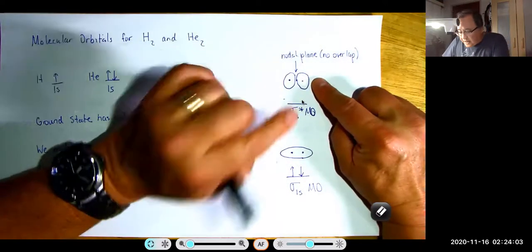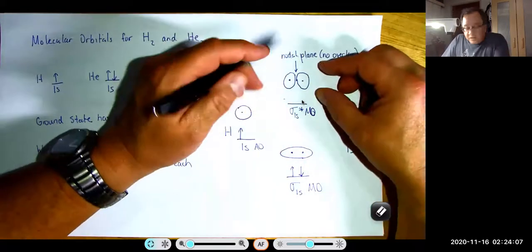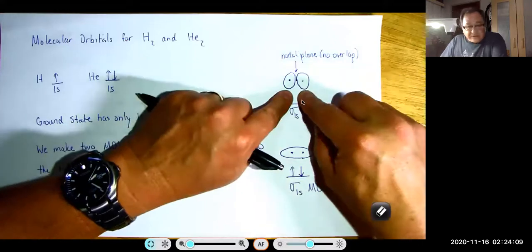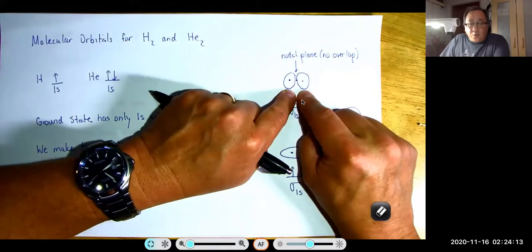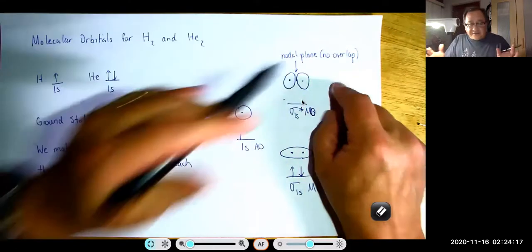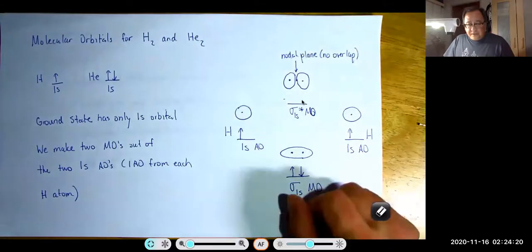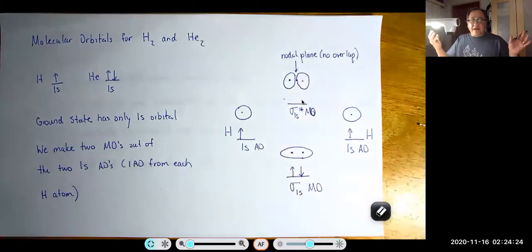You're going to have a nodal plane in the middle of the MO. That looks like two orbitals, but it's not. It's one molecular orbital. And because there's a space between the sides of that molecular orbital, it's anti-bonding. So whenever you see that space, you go, oh, that's not going to bond.